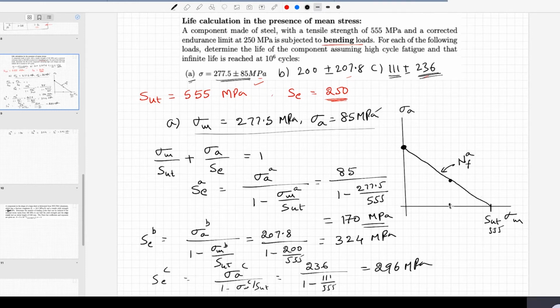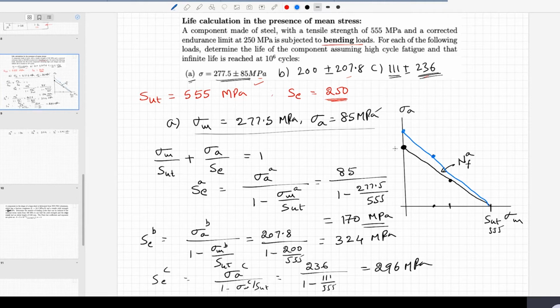Similarly, if I say my sigma M is 200, that is somewhere here. Sigma A is something here. That is, let us say, point B, 207.8. Then my failure line would be that.